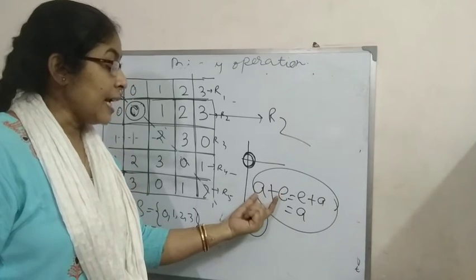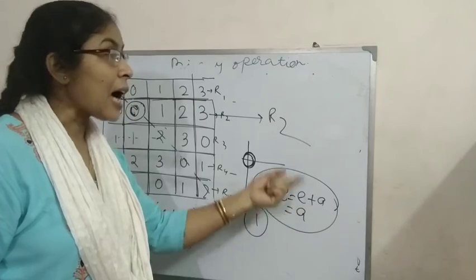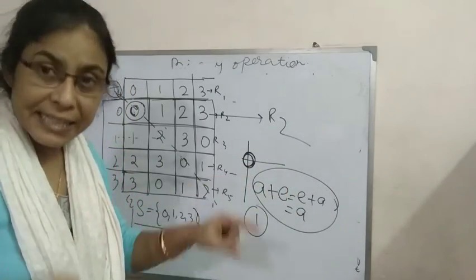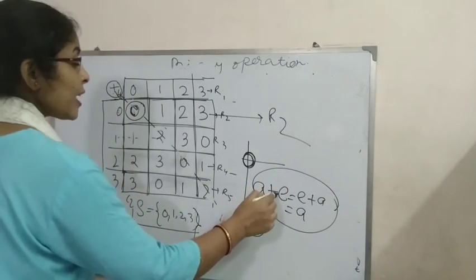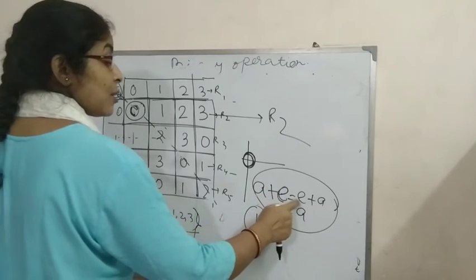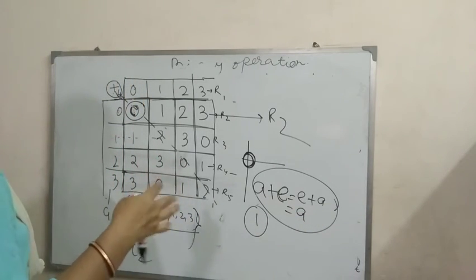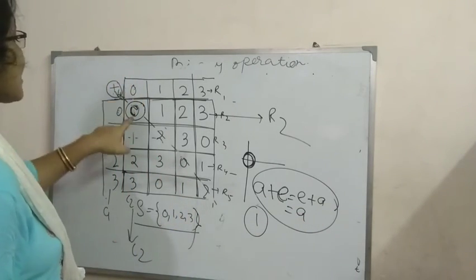When an element is added to the identity element, I will get the element itself. So here E is identity. If I get A plus E equals E plus A equals A, then I can tell E is the identity element. Here 0 plus 0 is 0.